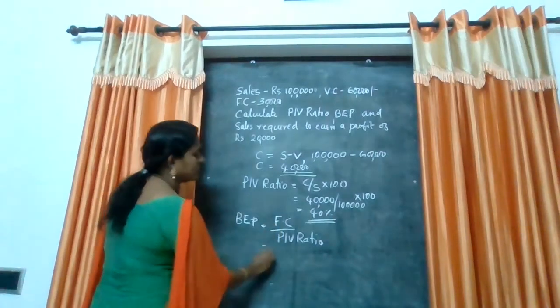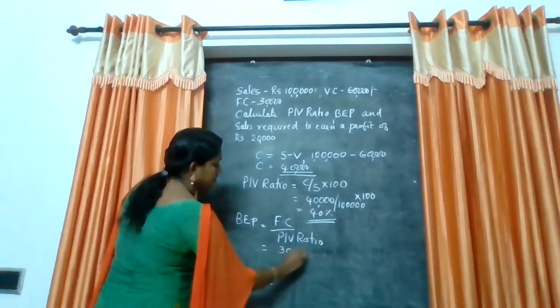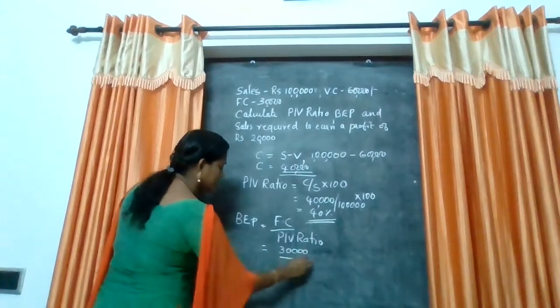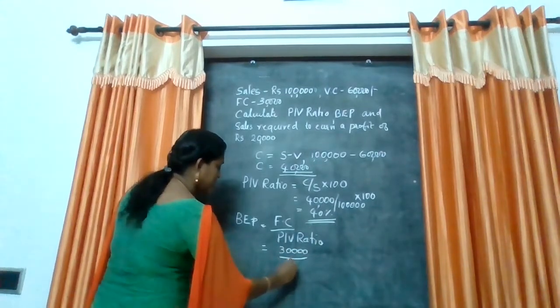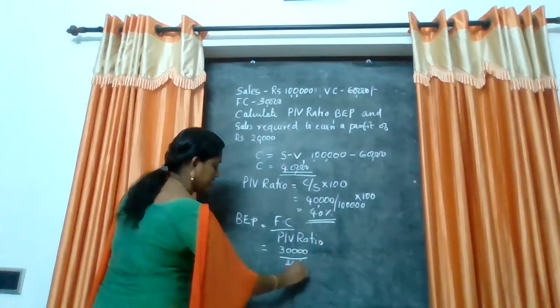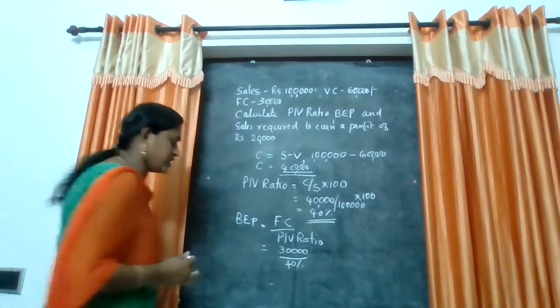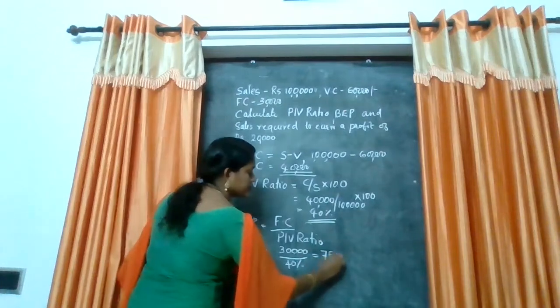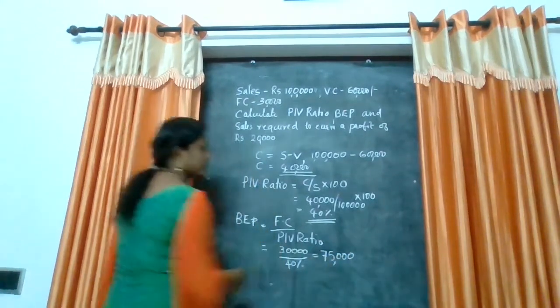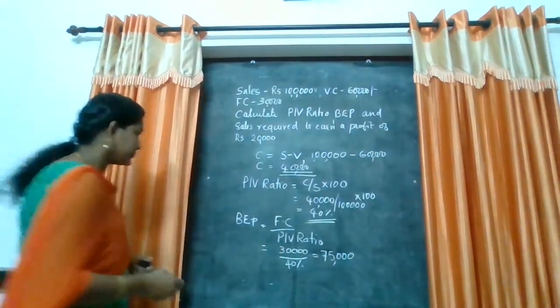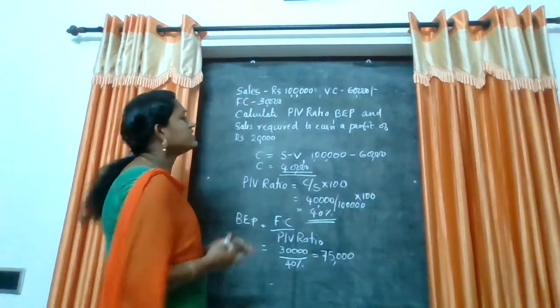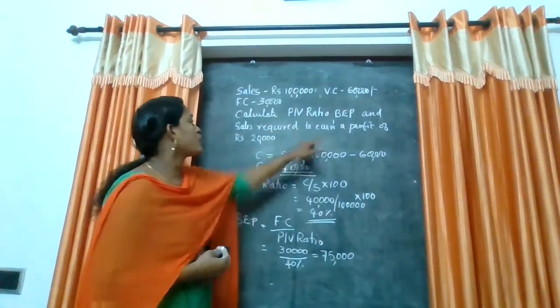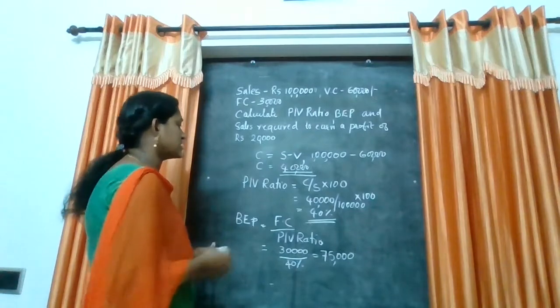Fixed cost is equal to 30,000 divided by 40%. That is 75,000.